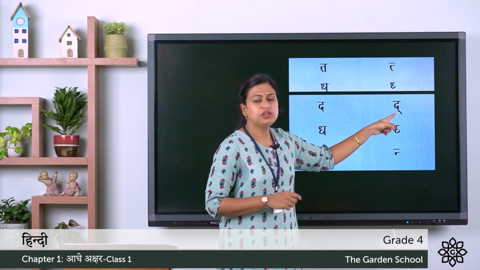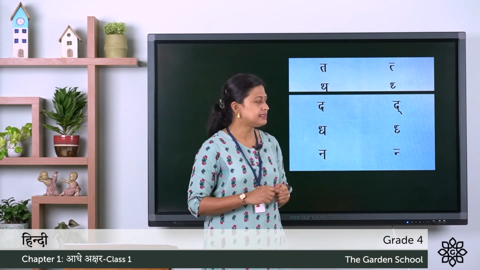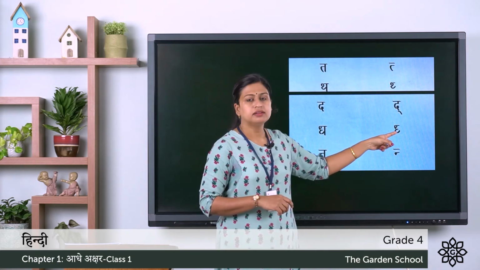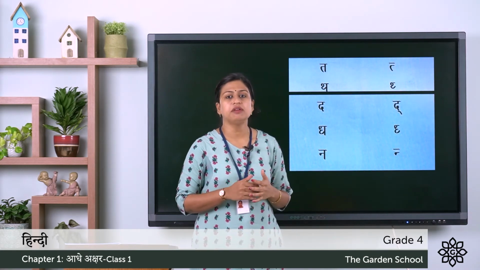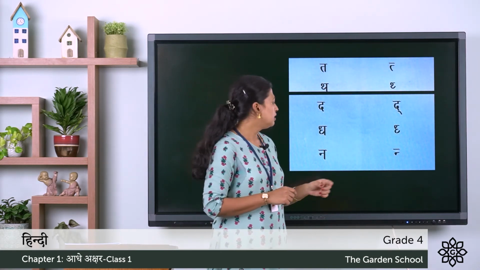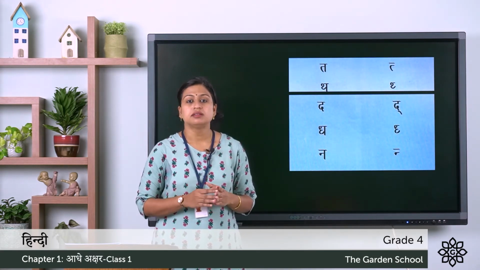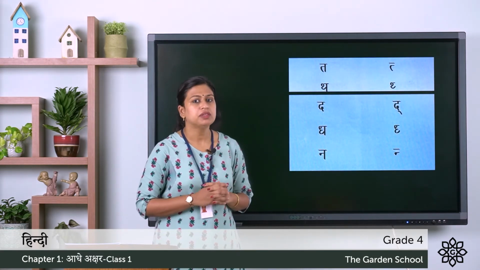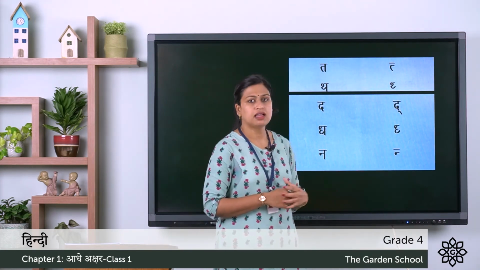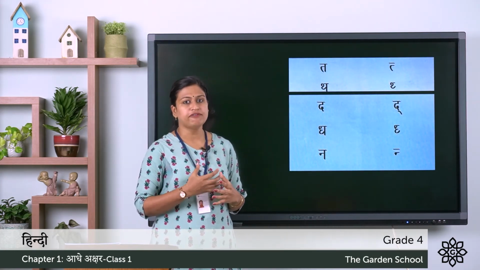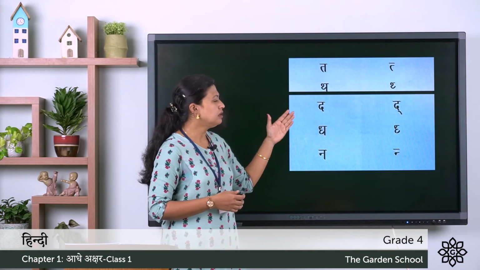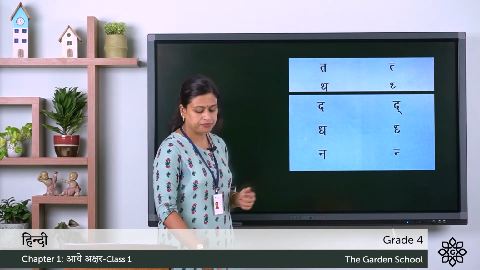For Da, we just need to write the Hal symbol. For Dha, the standing line is missing and we pronounce Dha. This is letter Na and we pronounce Na for the half form. Here also the standing line is missing. So these are the half forms of Ta, Tha, Da, Dha, Na.